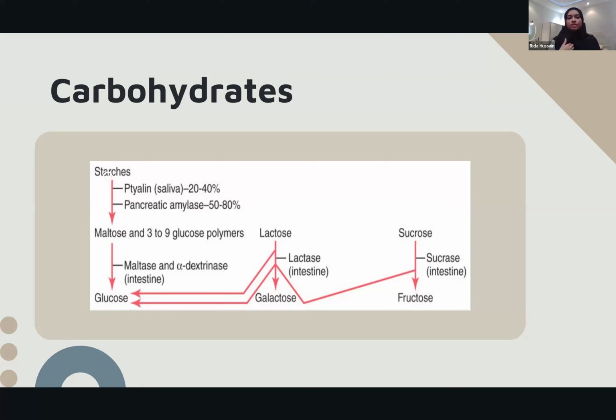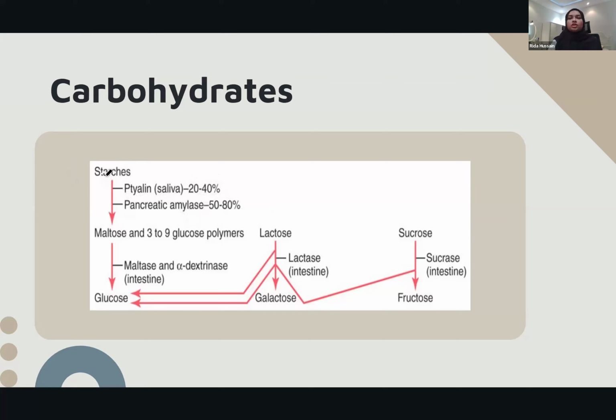The main digestion takes place in the GI, but it starts in the mouth using ptyalin, which is salivary amylase. So 20 to 40% of the starches are digested in the mouth itself. Then the pancreatic amylase does most of the job in the GI.